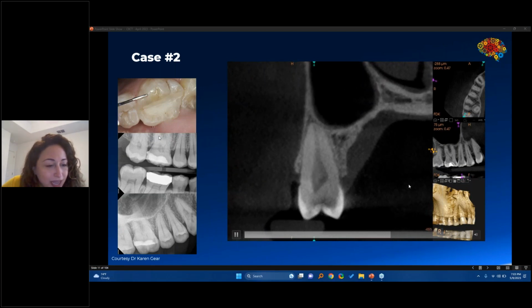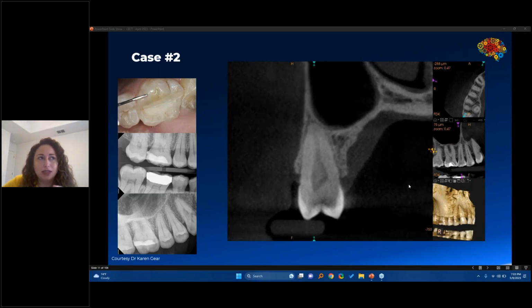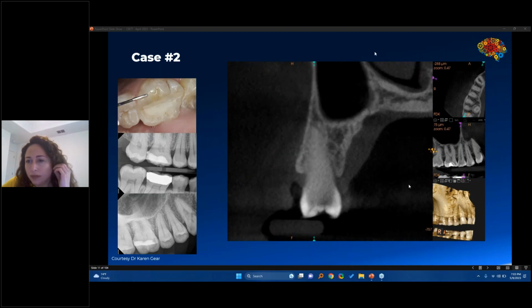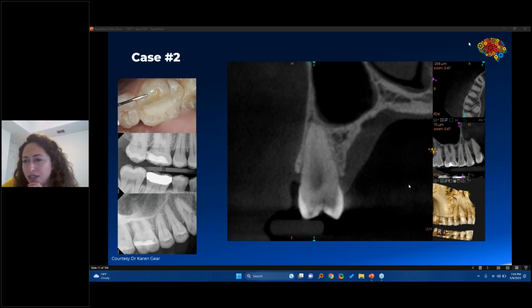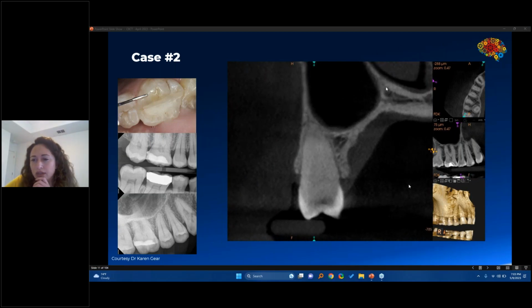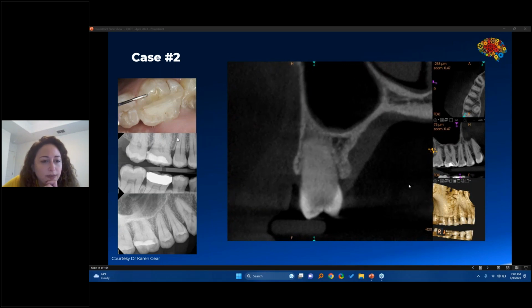Okay, what size scans do you use for these endo cases? All of these endo cases are 5 centimeters by 5 centimeters of one specific quadrant. So I can see the audience view is, oh, okay, it's 100. So 5 by 5 centimeter CBCT scan.